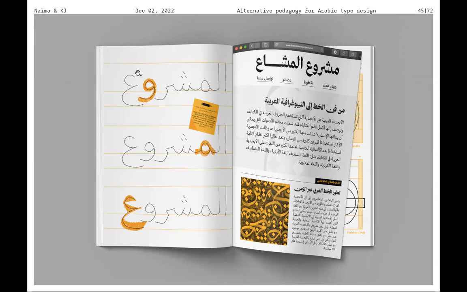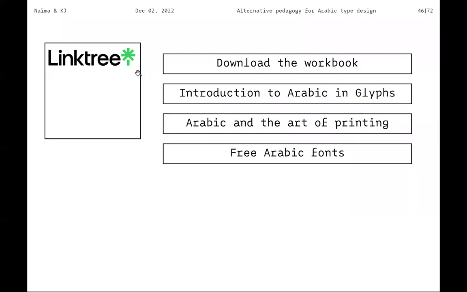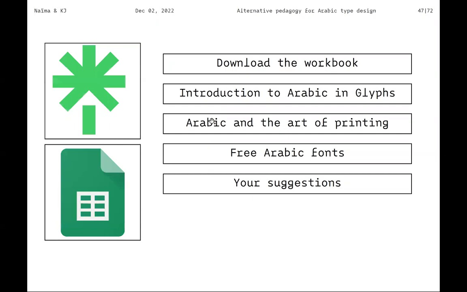This is the starting point, and when we share this workbook, when it is ready, we will share it with a list of resources online, all free resources or everything online that we think is a good start to accompany this workbook. And we will also add a Google Sheet where anyone can add their suggestions of anything that will be missing from this list.